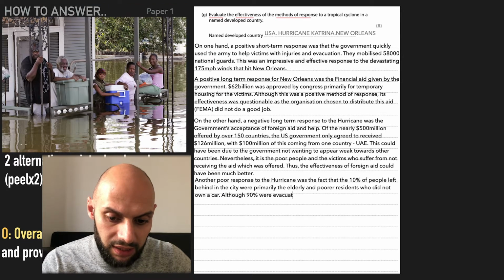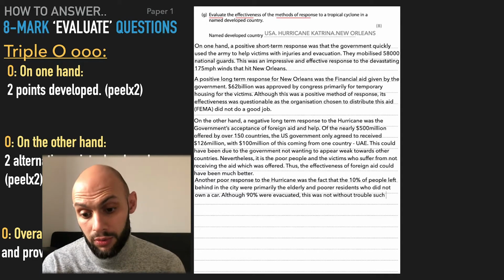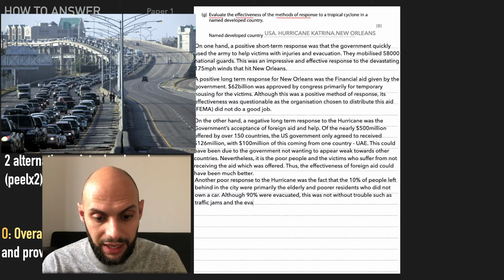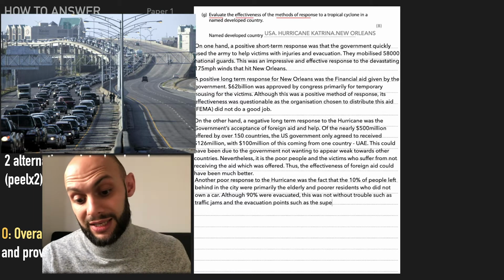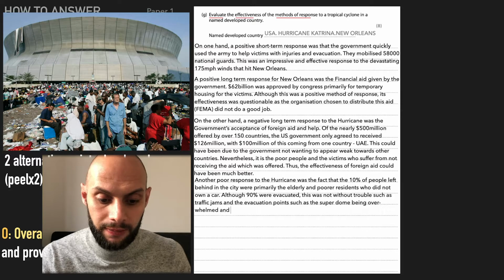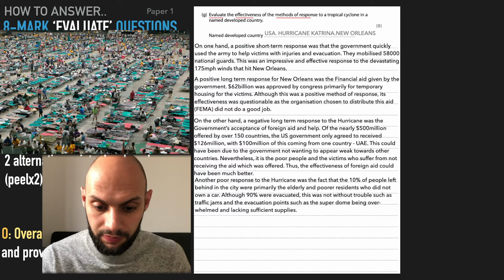Although 90% were evacuated, this was not without trouble, such as traffic jams, and the evacuation points such as the Superdome being overwhelmed and lacking sufficient supplies.